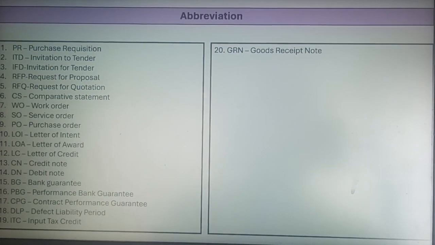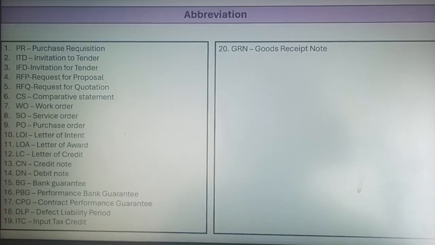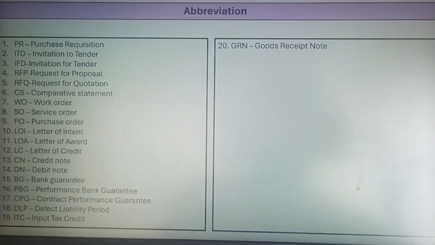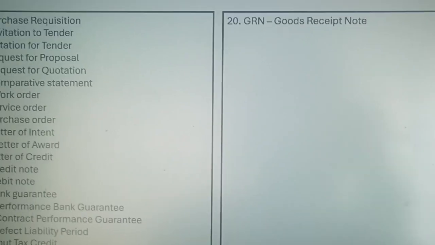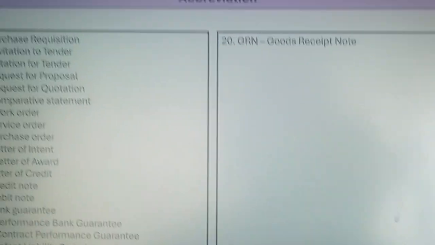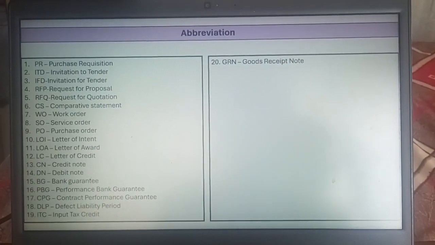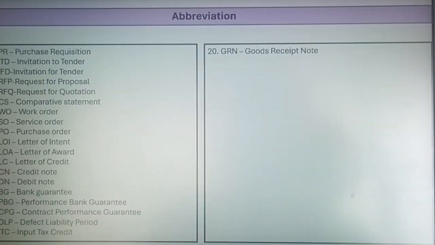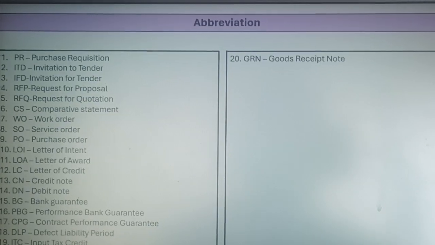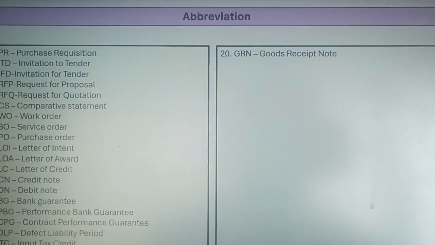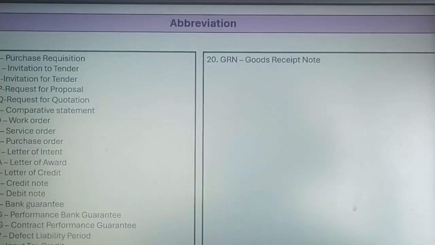As we discussed in previous videos, it is generated after the receipt of goods into the buyer's premises and after their inspection.